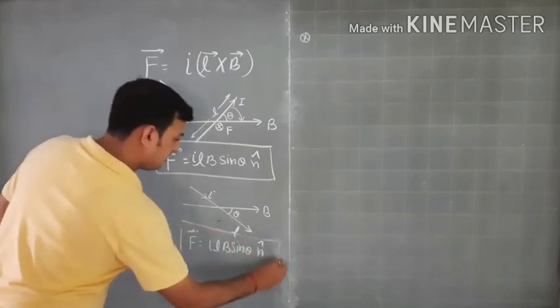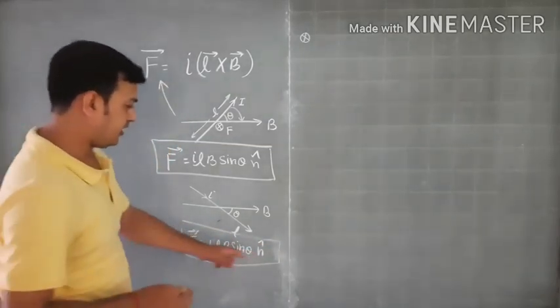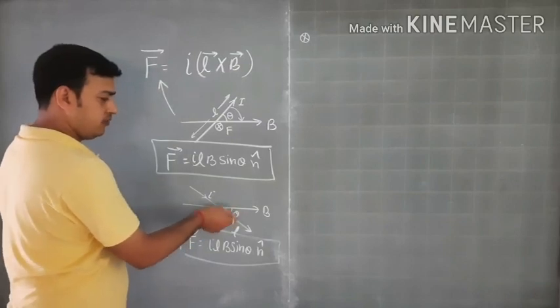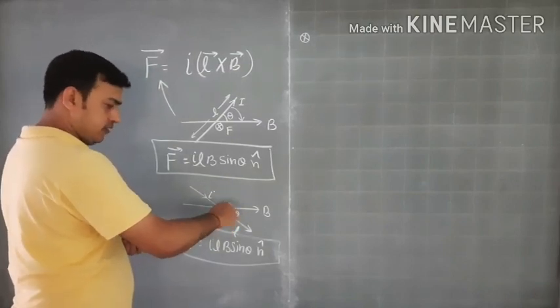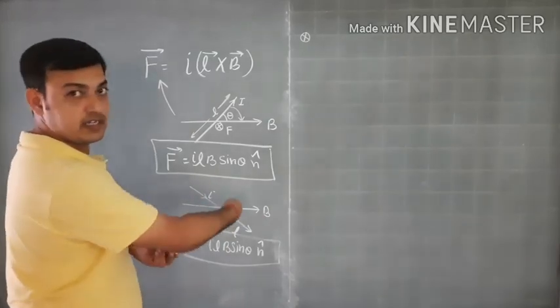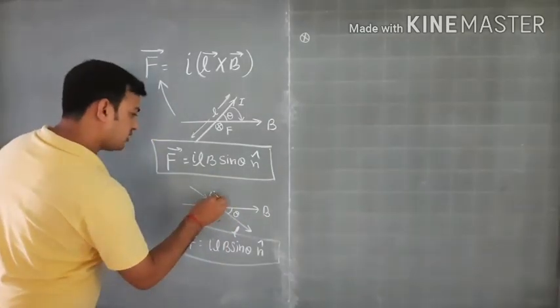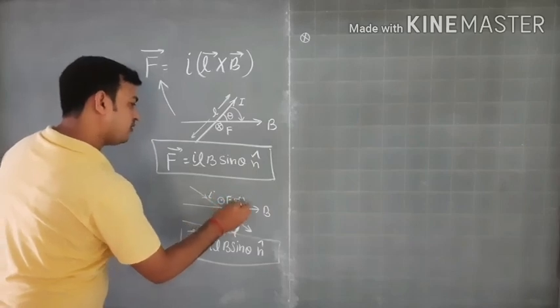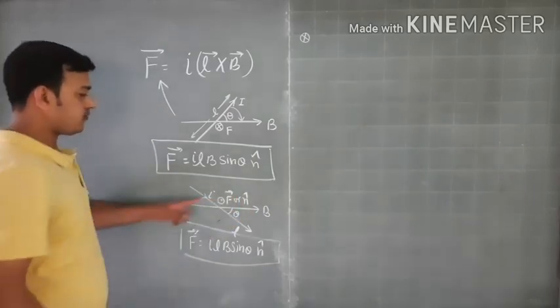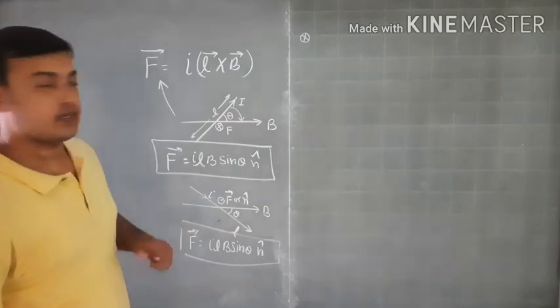In this case, to find n cap, you go from L to B, and L to B is anti-clockwise. So if I rotate the screw in the anti-clockwise direction, it will come out. This is the direction of n cap, or the force that will act on this wire.